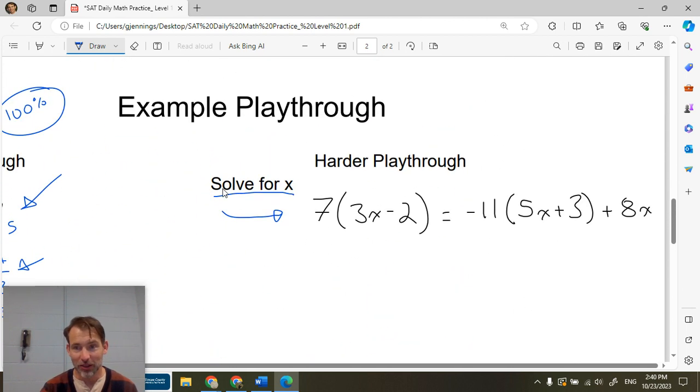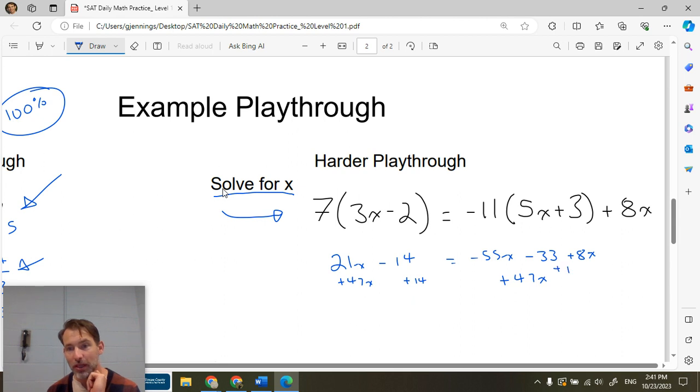Okay, 240, let's go. Okay, so here I notice that I have 21x minus 14 equals negative 55x minus 33 plus 8x. So then I am going to be adding 47x to both sides and adding 14 to both sides.